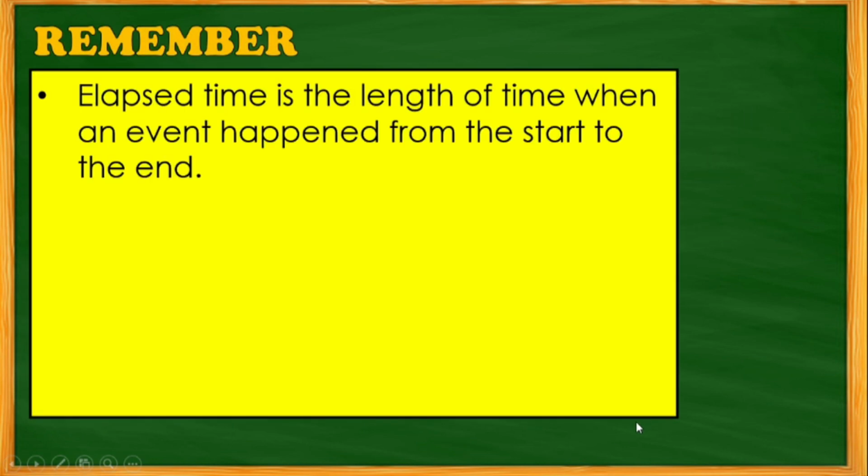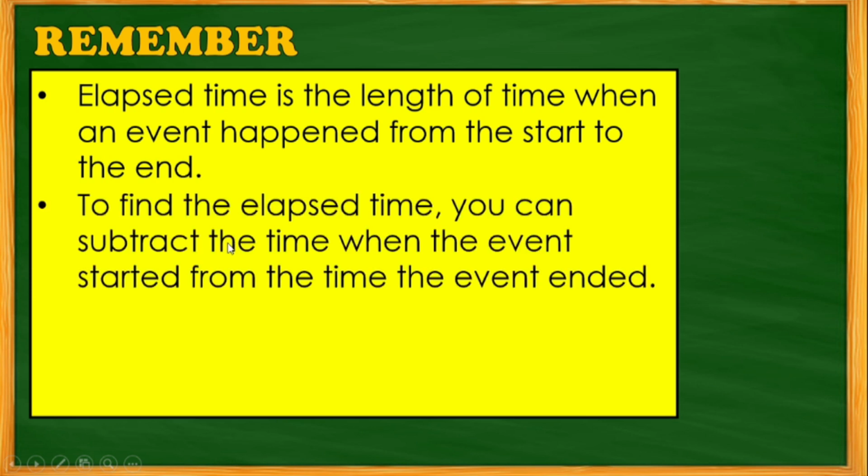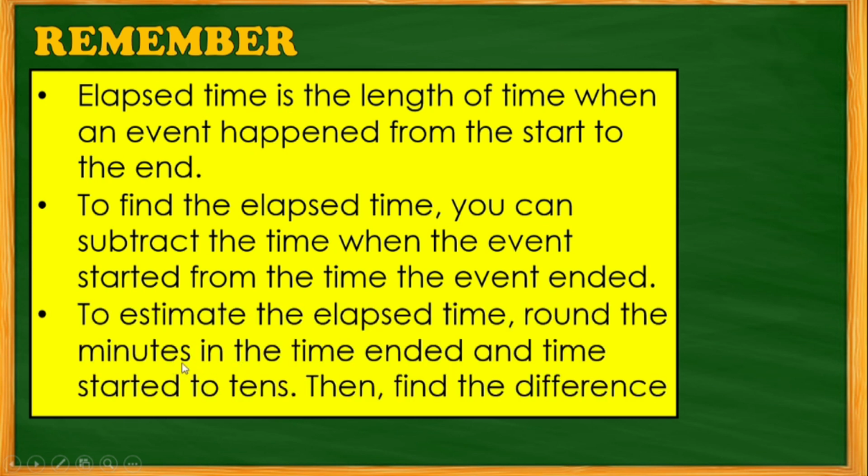So remember, elapsed time is the length of time when an event happened from the start to the end. And to find the elapsed time, you can subtract the time when the event started from the time the event ended. And to estimate the elapsed time, round the minutes in the time ended and time started to tenths.